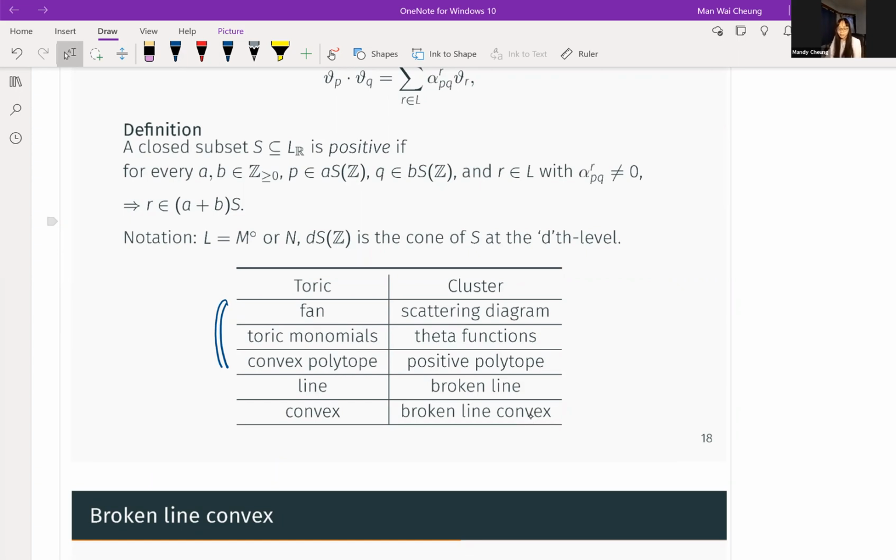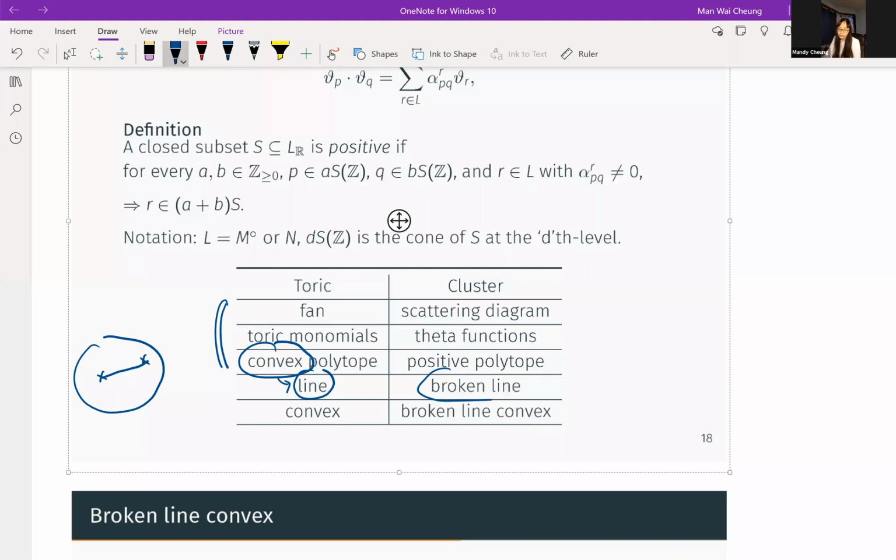And then in terms of convexity, convexity is defined by lines, because a convex polytope is one where, given two points, the line that joins the two points will lie entirely inside the polytope. And here we propose that a line should be a broken line. And so convexity should be something we call broken line convexity.